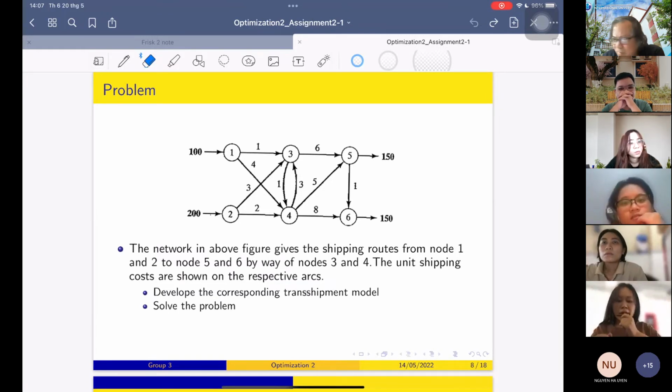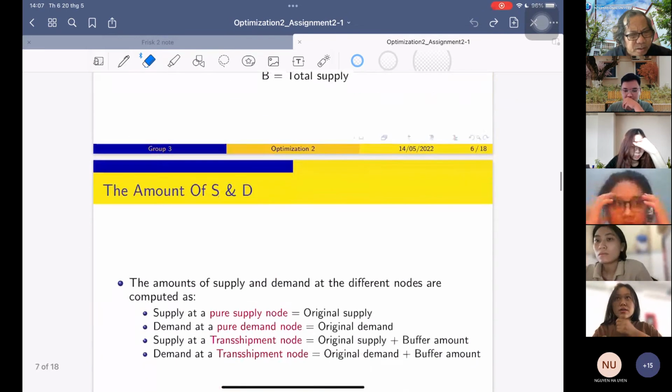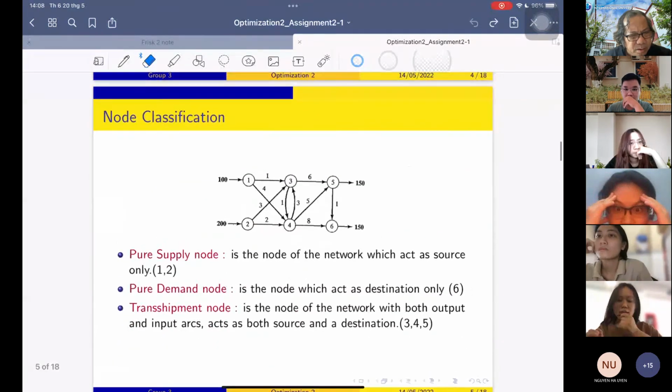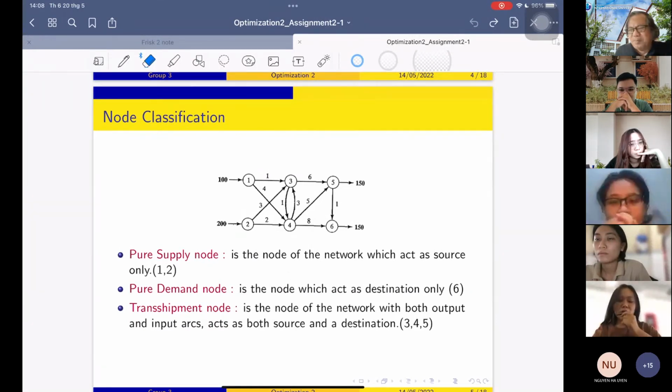And beforehand, we assume that I don't know. You didn't say anything before. So what is transshipment node? Just we said earlier that the transshipment node will act as a source and also a destination.